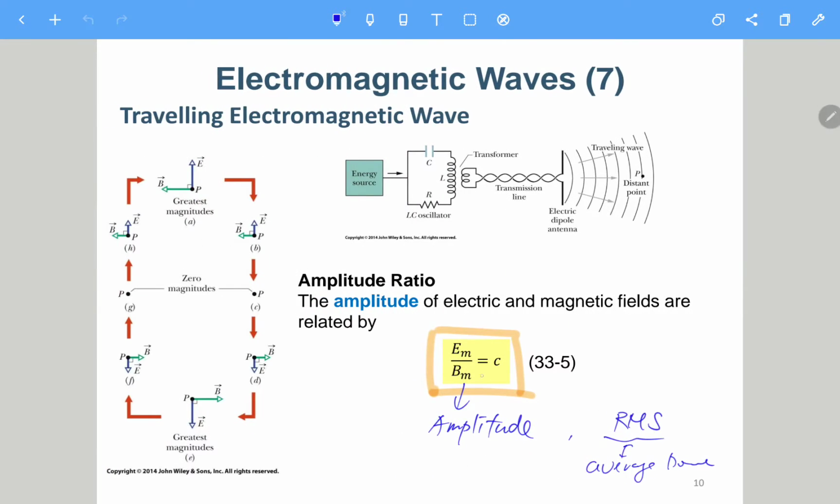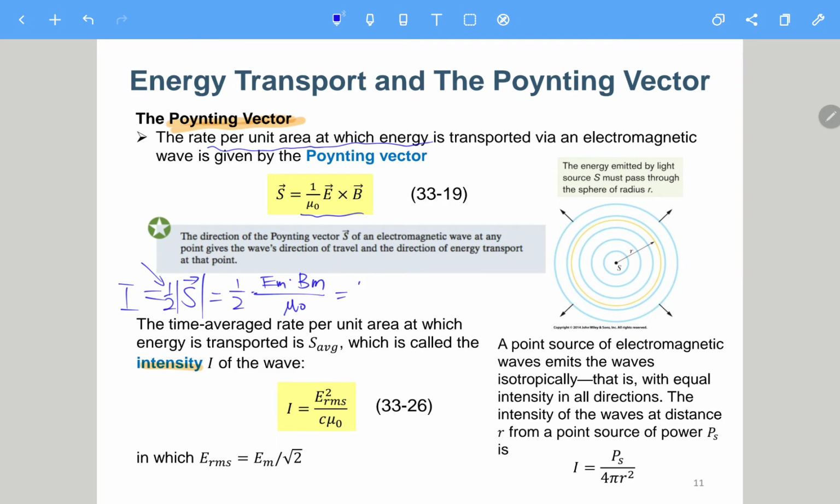And in the previous page, we know EM over BM is C, or EM over C is BM. We just swap BM and C, and then we can replace BM there. So here we have 1/2 EM, and then BM is EM over C, so we have another EM over C mu naught.